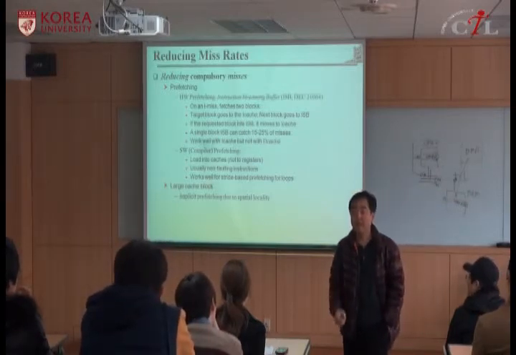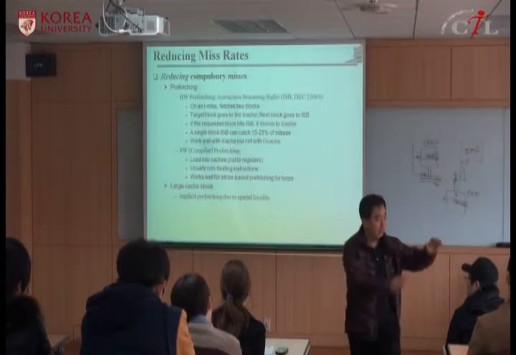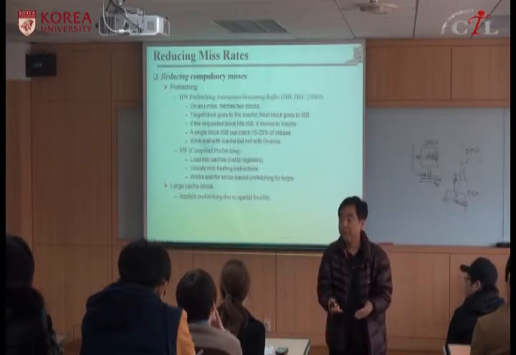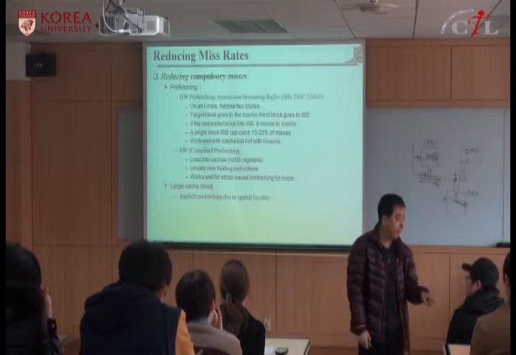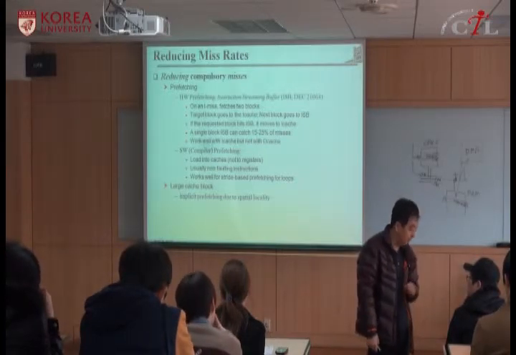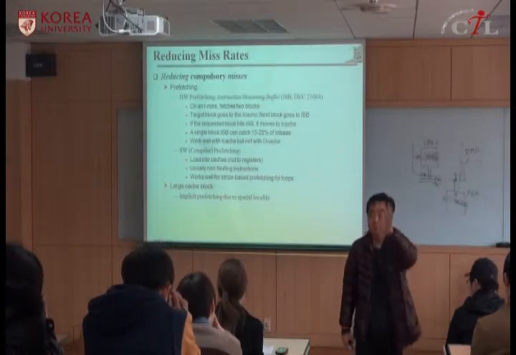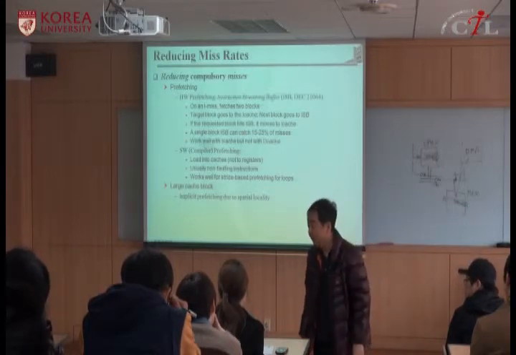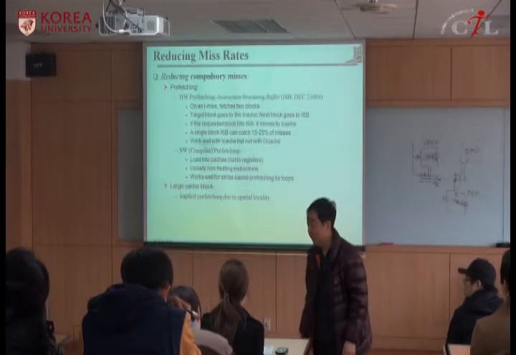With ISB, the instruction streaming buffer, you have an instruction cache and there is a separate buffer called ISB. It may contain multiple cache blocks. Okay? If you miss the cache, you do not bring in just a single block, you bring in 2 consecutive blocks. Okay? And the missed block goes into the iCache, the second block goes into the ISB. Okay? Automatically you bring in the next block. That's the ISB.